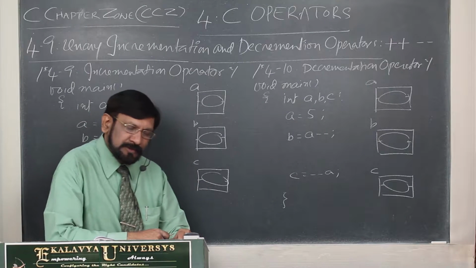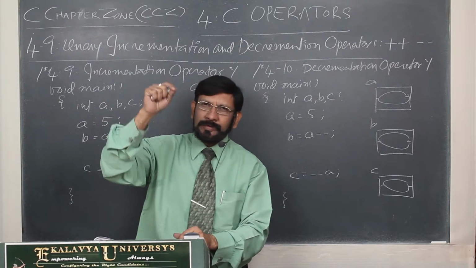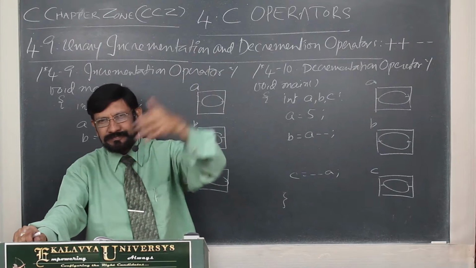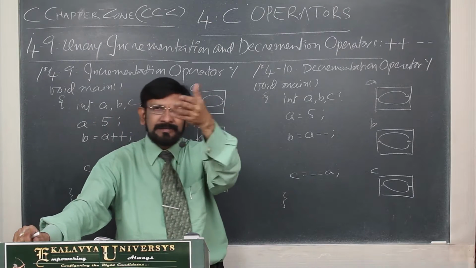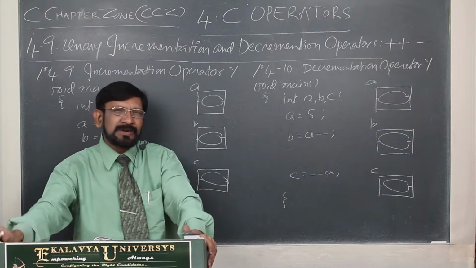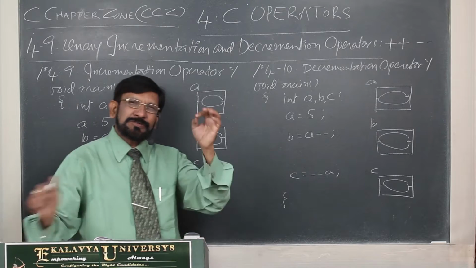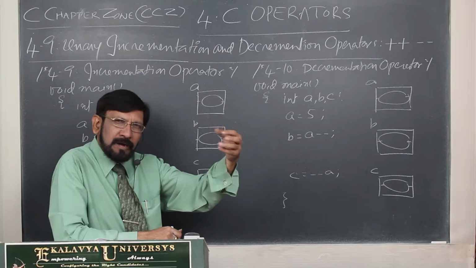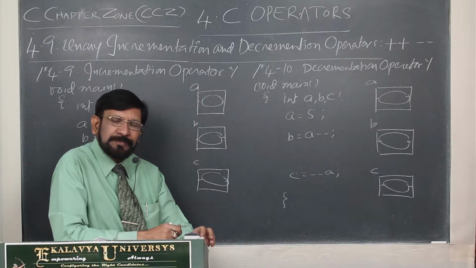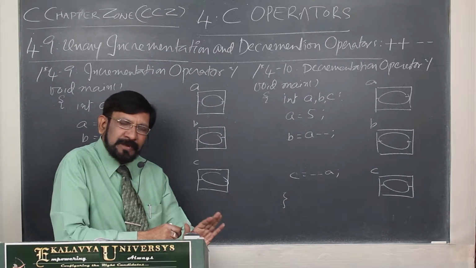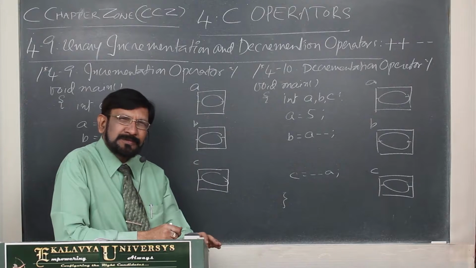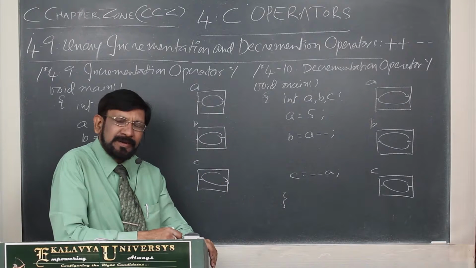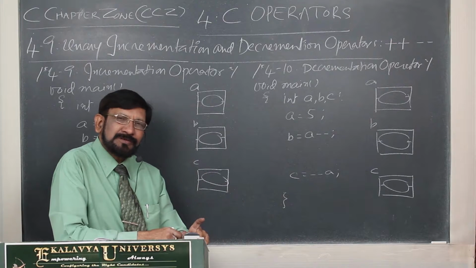And one more thing: once you commit a mistake in some place, it creeps up and is reflected in the subsequent result. That's why first you identify where you have some shortcoming in your understanding. That is always good for programmers. Once you plug the loophole in your understanding, you never commit the same mistake.